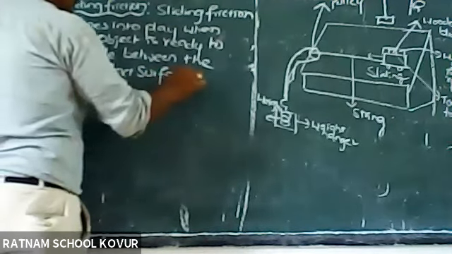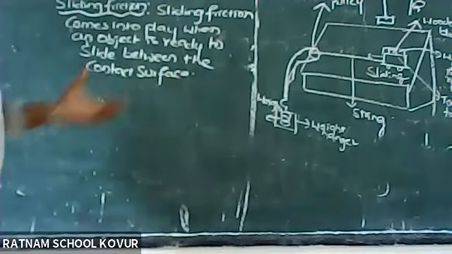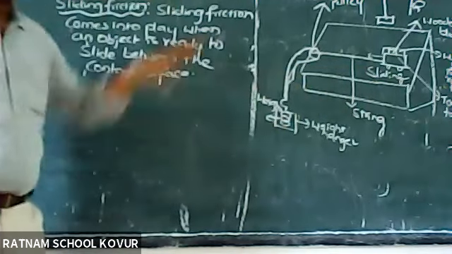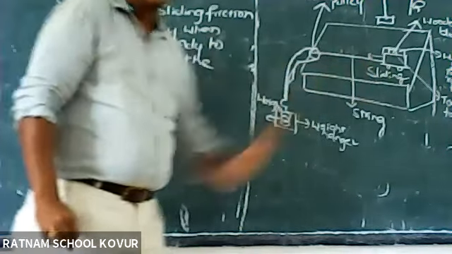So this is the definition. When the toy trolley, after inserting some weights, starts moving, when it is about to move, the friction which is developed here is called sliding.